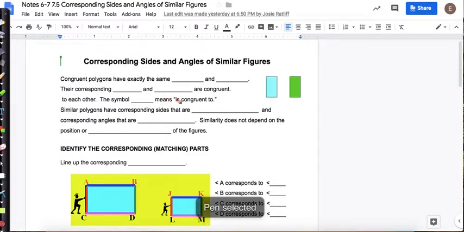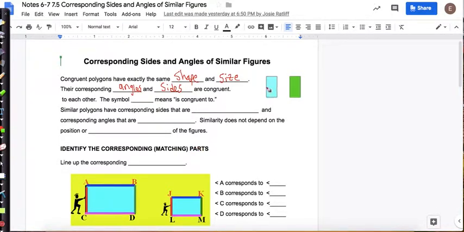So, congruent polygons have exactly the same shape and size. Their corresponding, which means matching, angles and sides are congruent.